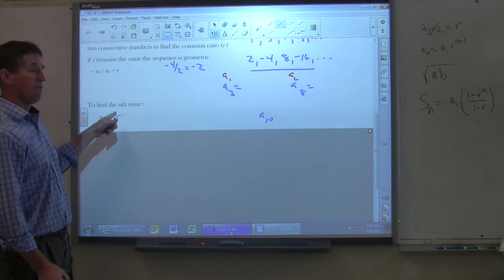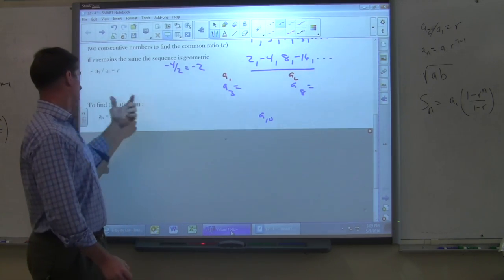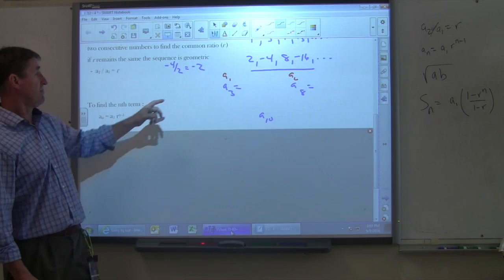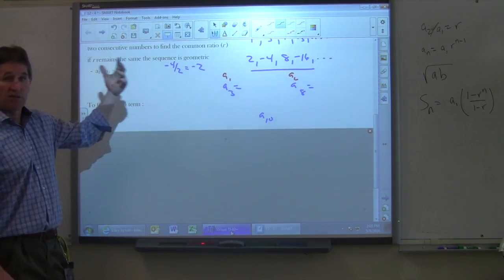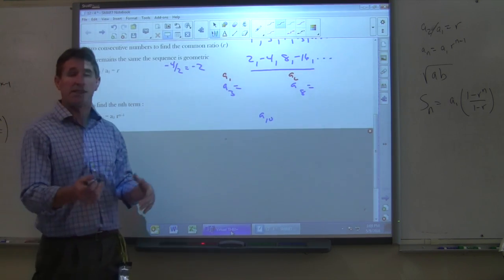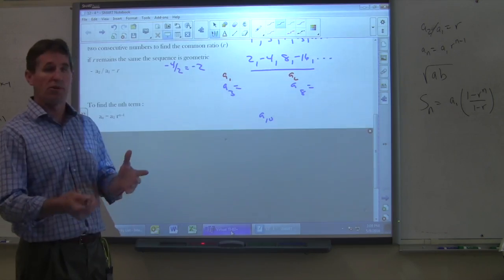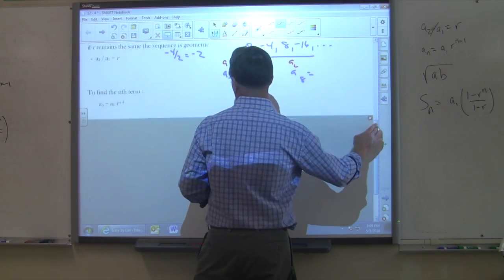We could plug it into the formula, and then we'd have to solve for r, and then we'd have to go back again and solve for a sub 1 using either a sub 3 or a sub 8, and then we'd have to do it a third time to find our a sub 10. So there's a little bit of work to do, but it's the same as the last section, except you're doing it now with geometric series and sequences instead of arithmetic.